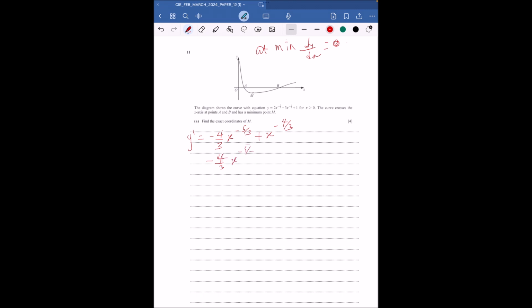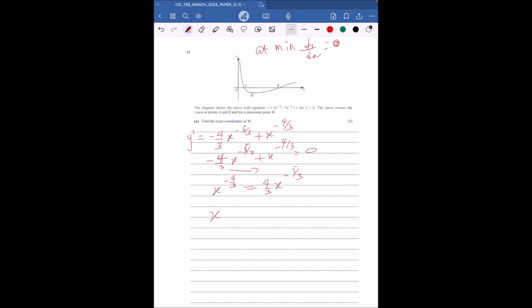Minus 5/3 plus x minus 4/3 equal to 0. So you move this. That will be x minus 4/3 is equal to 4/3 x minus 5/3.